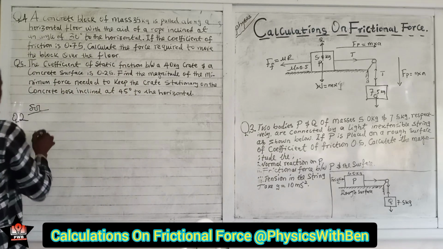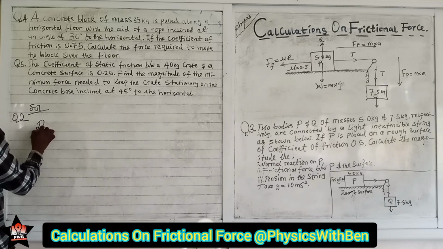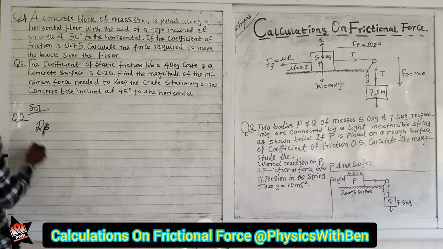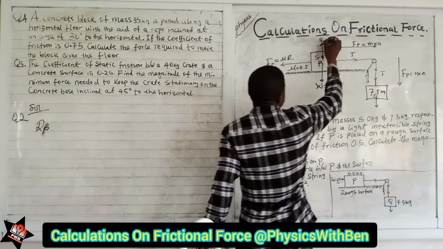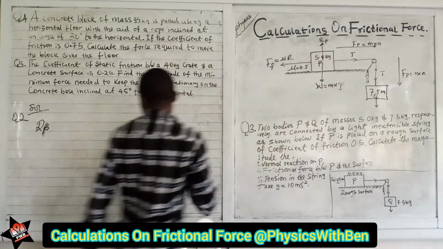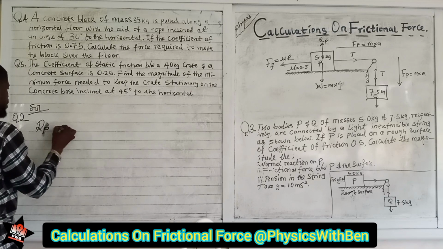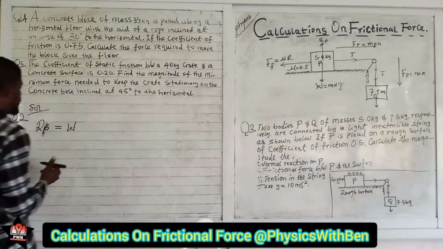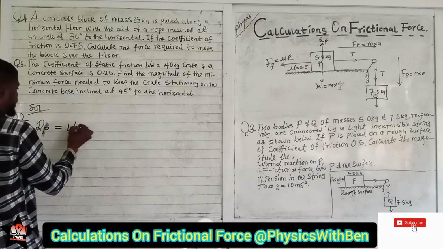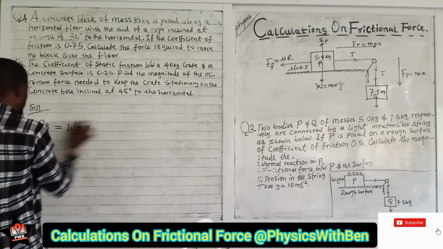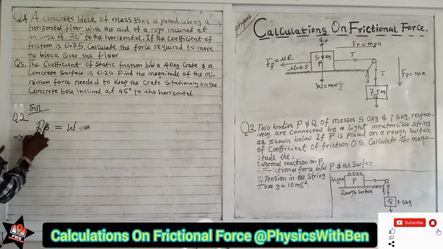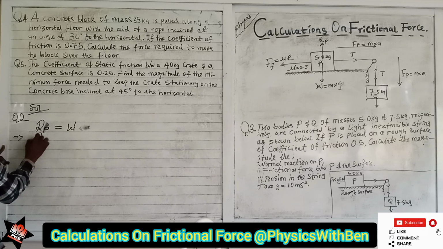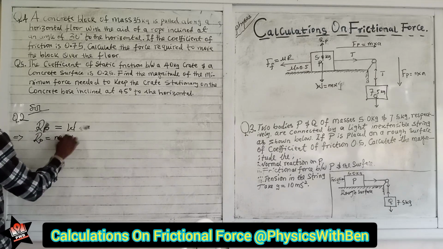So we write that the normal reaction on P, R subscript P, is equal to the weight of the block P. This implies that the normal reaction on P is equal to mass times gravity.